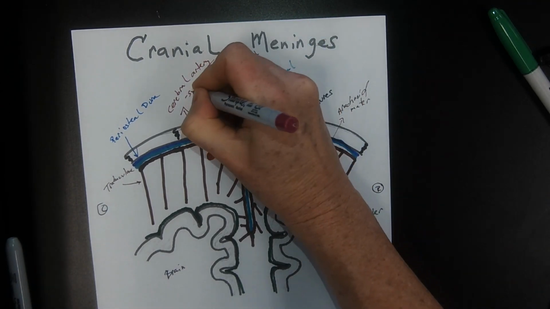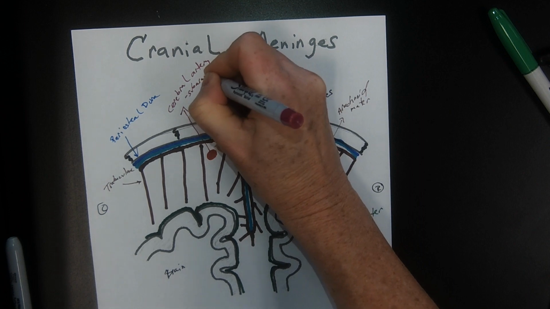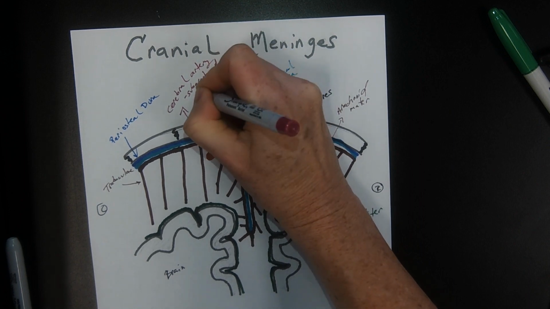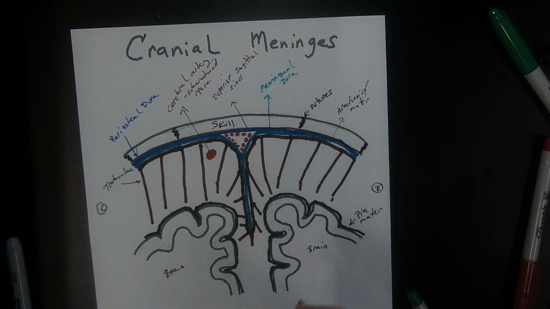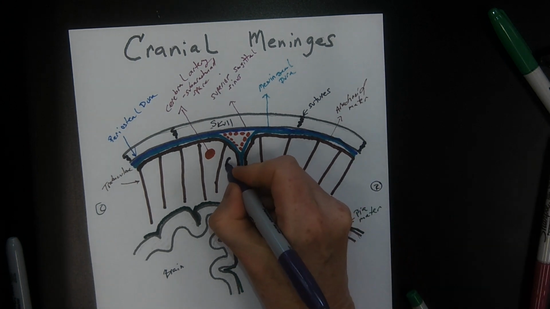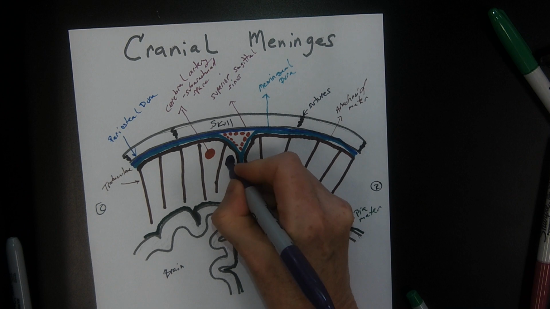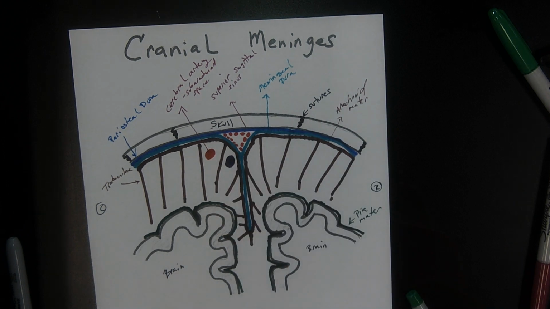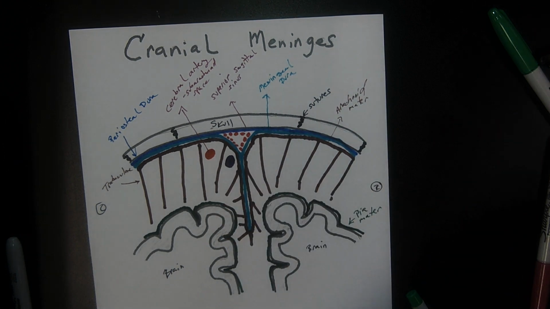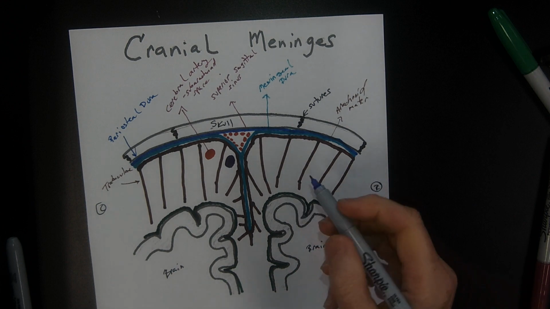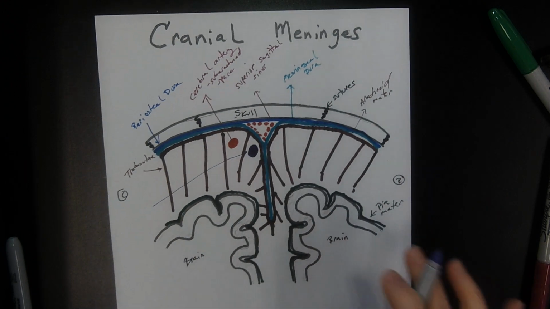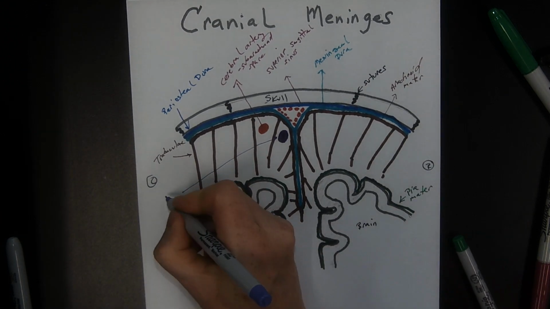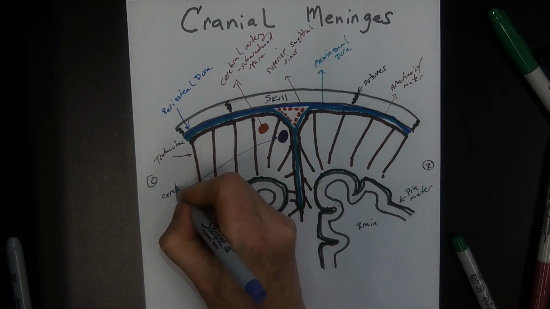It's in your subarachnoid space. Okay, and we also have cerebral veins. Okay, there's going to be your cerebral vein. So this purple thing right here is a cerebral vein.